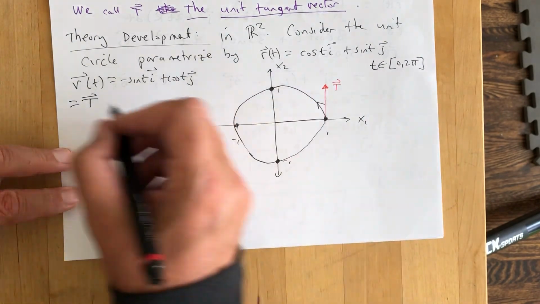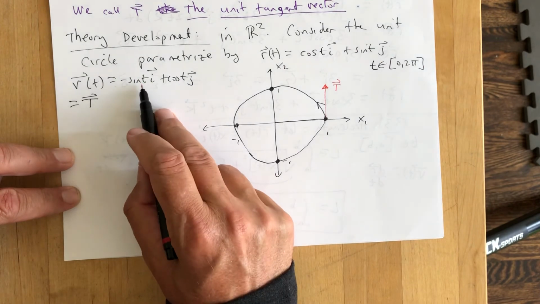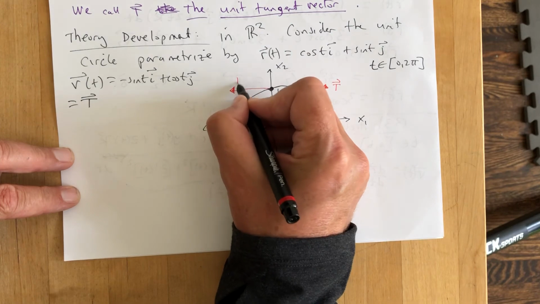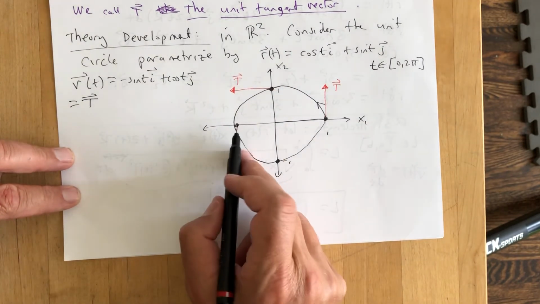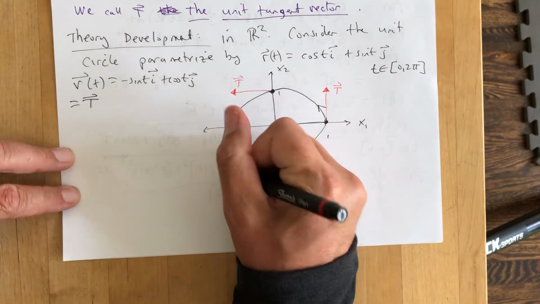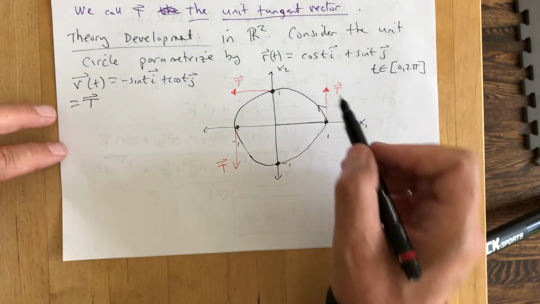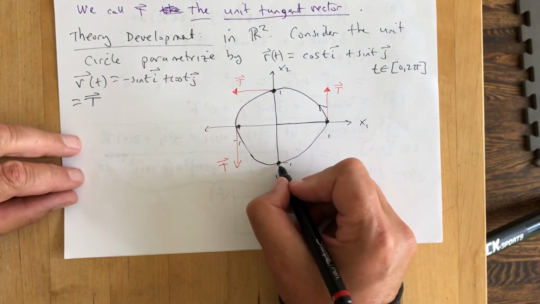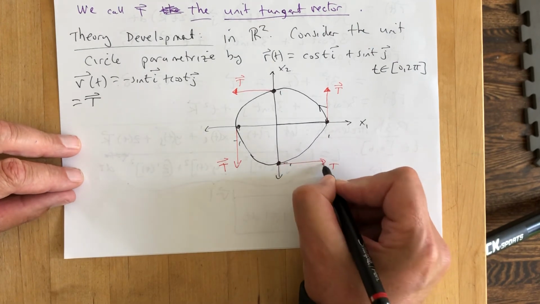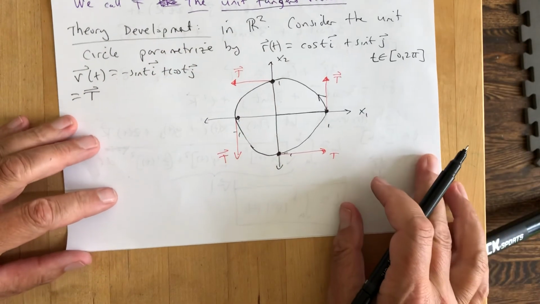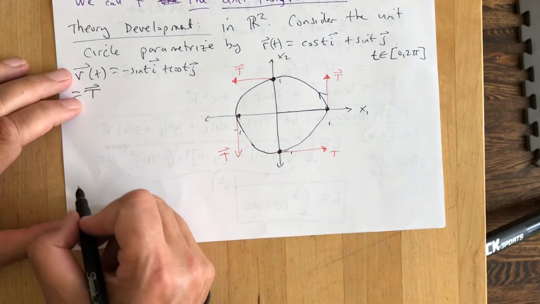If you go to t equals pi over 2, you get minus i, which is this. If you let t be pi, you get minus j, which is this. And notice each one of these lengths is 1. I've actually made it match the graph. Same here. We're going to get a vector of length 1. So as we go around, we have this unit tangent vector, and it never changes length. That's the beauty of it being length 1, being a unit vector.